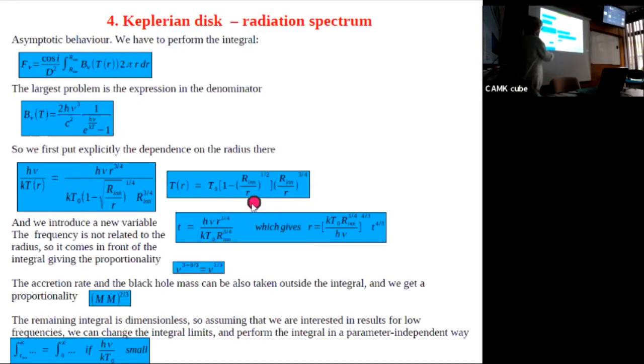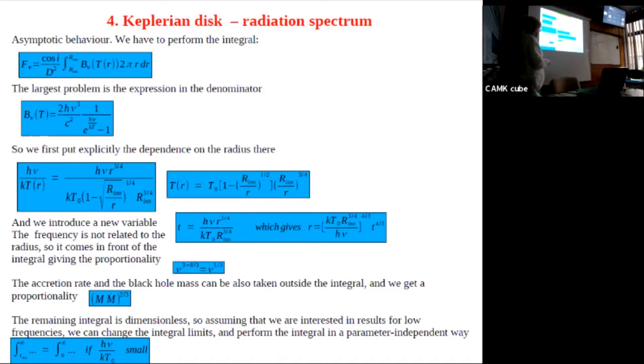Then you have to work with this in the same way, converting T0 to accretion rate and the black hole mass. And then radius to black hole mass. You have to work out all those components, and then you will notice that you will have mass times accretion rate to the power 2/3 in front of the integral. And then you are still left with this stupid integral, but this is kind of dimensionless.